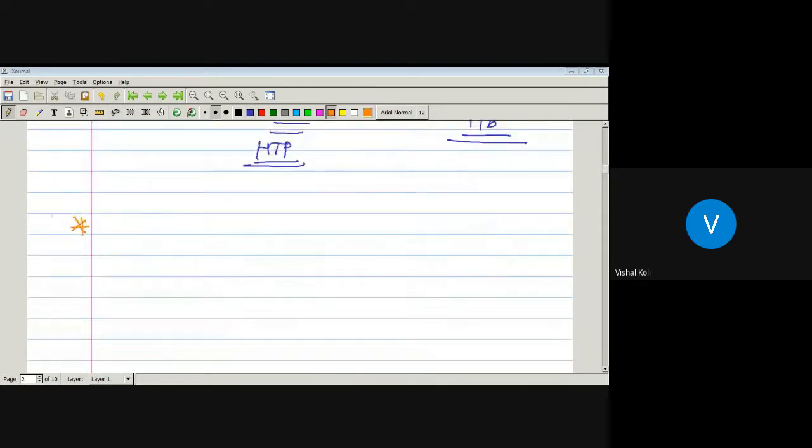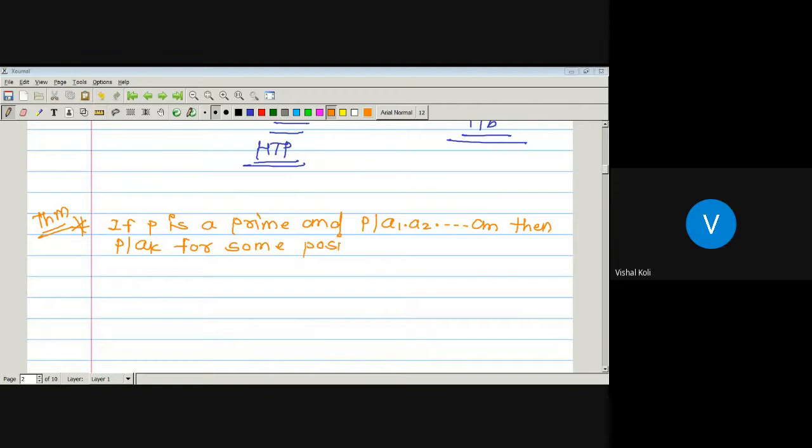Now, again there is one theorem. If P is a prime and P divides the product of A1, A2, and so on up to AN, then P divides an integer AK for some positive integer K, where K lies between 1 and N. So here we are given P is a prime number and it divides the product of n integers, that is A1, A2 up to AN.